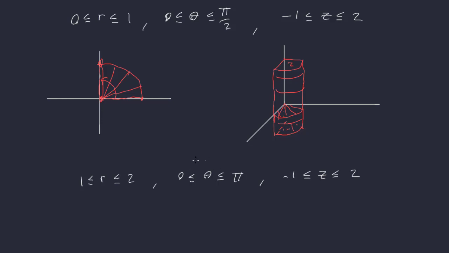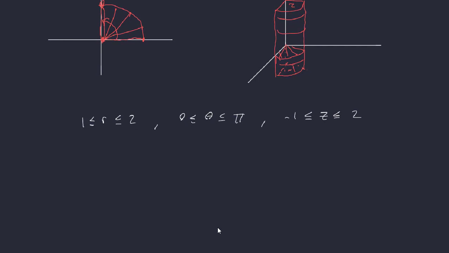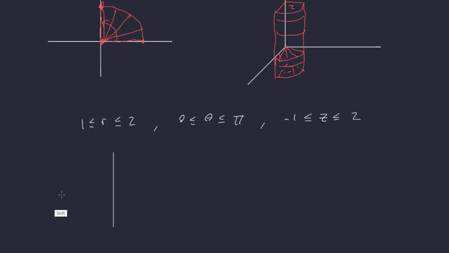Okay, now let's adjust it a little more. I'm going to leave the z's the same, but now I'm going to let r range from 1 to 2 and theta from 0 to pi. If we look at what's happening on the xy plane, 0 to pi will be here. And if r is only going from 1 to 2, if this is 1 and this is 2, we basically have a portion of the disk on the xy plane.